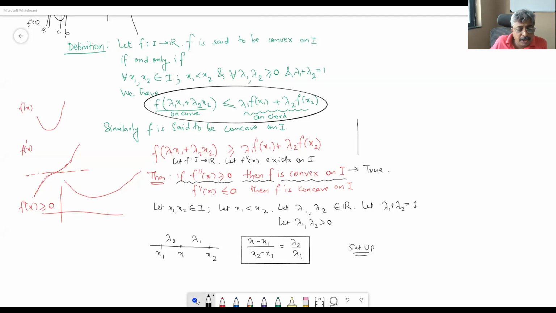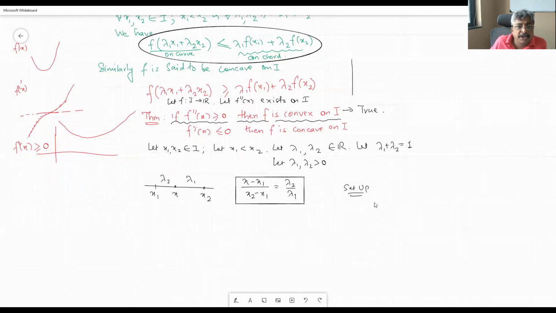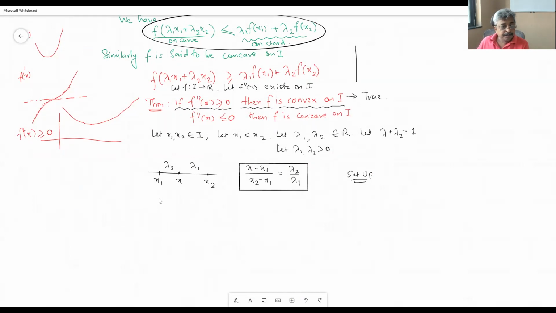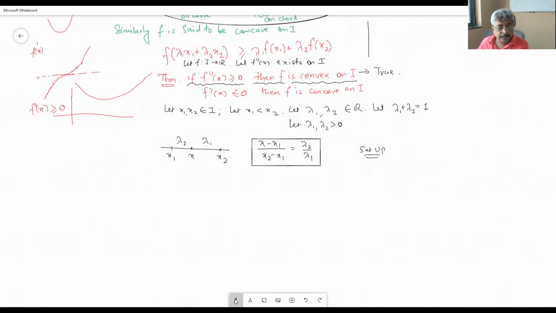Okay, the key to this proof, a simplistic proof, Pranav has done it some other way, but the conventional way of proving this is applying LMVT. Applying LMVT to x1, x, what will we get?